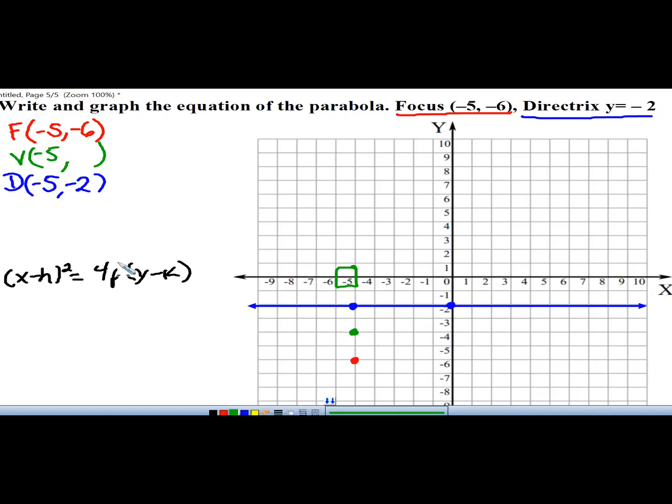All right. So then from there, let's take roll call. What else do I need for me to rewrite my equation? I need an h value. It's right here on the vertex. It's the first value that I have there. I need a k. Do we have a k value here? No, that means I need to figure out k. How can I find k? What do I compute, Alvaro, to find k?